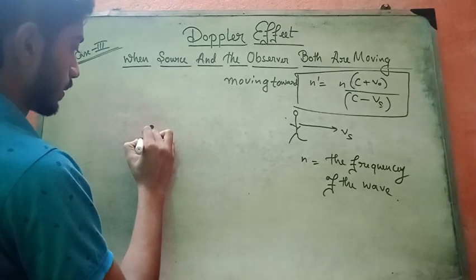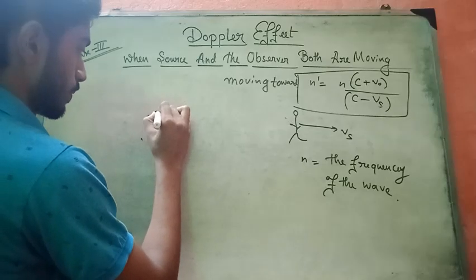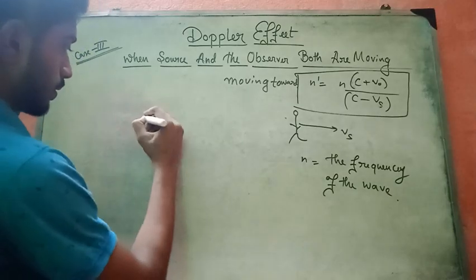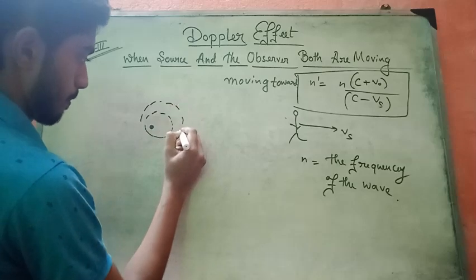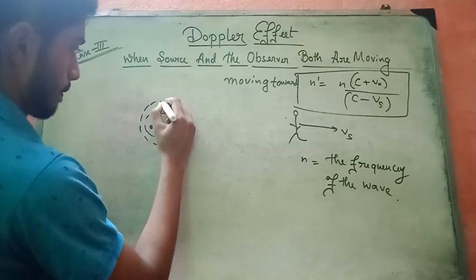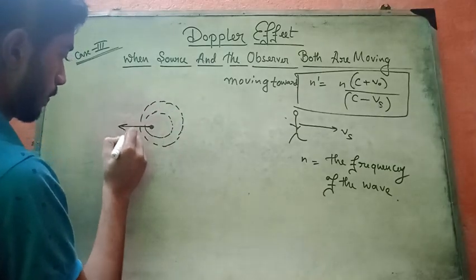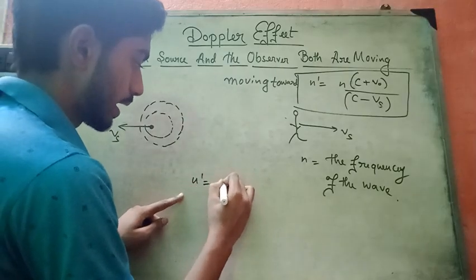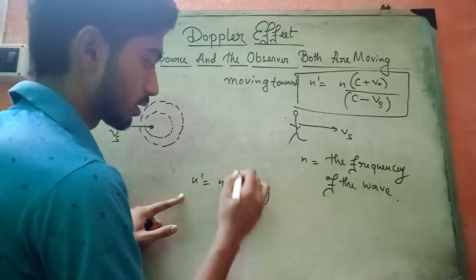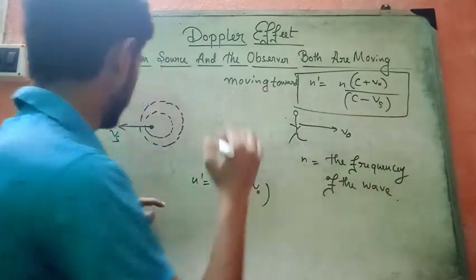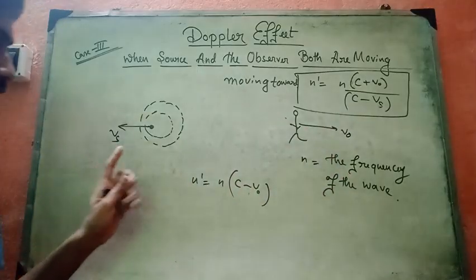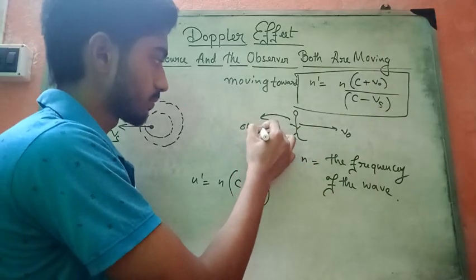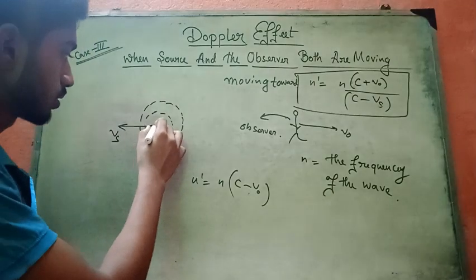So now n dash equals n into c minus v naught divided by c plus Vs. This is v naught and this is Vs. This is our observer and this is our source.